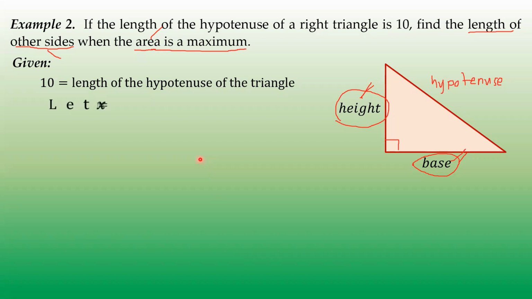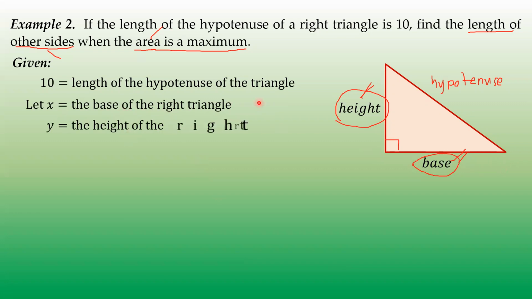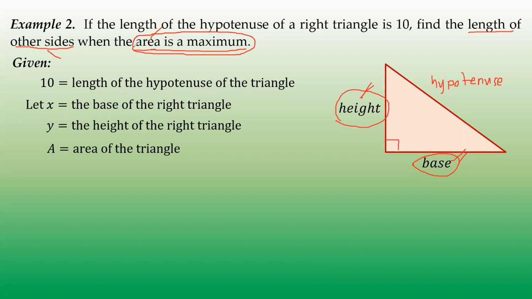Okay. So we're going to let x be the base of the right triangle. Then y, ito yung height ng right triangle natin. Letter A for area. Okay, so kasi area, gamit tayo letter A. Yan ang area ng triangle. And from our problem, ang sabi dito, area is a maximum.